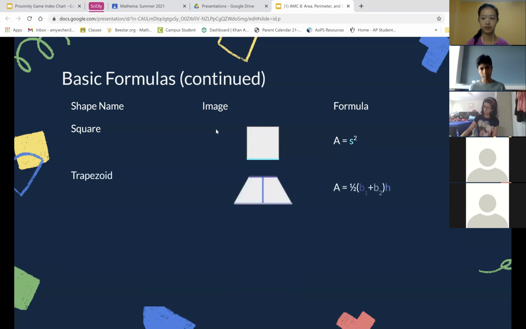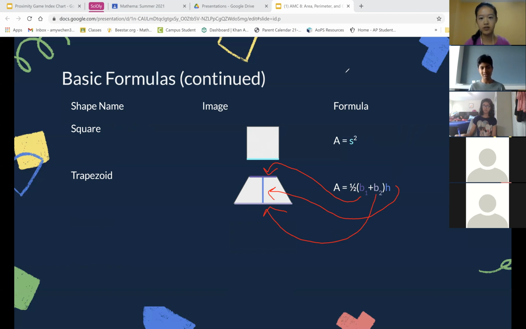All right, trapezoid. Of the ones we're covering, this is probably the hardest one to memorize. It's not that hard once you get used to it. It's 1/2 times base 1 plus base 2. Amy will show what base 1 and base 2 are. It's just the 2 parallel sides. So that's base 1, and then that's base 2. So it's base 1 plus base 2 times the height, all divided by 2.